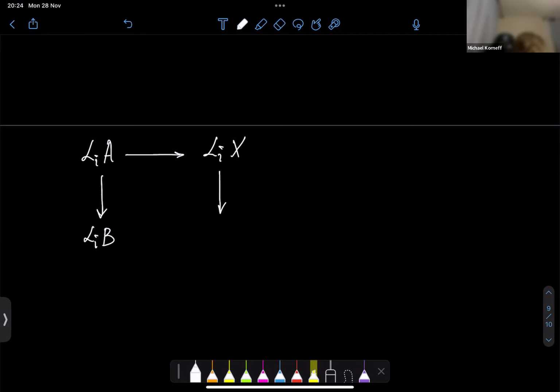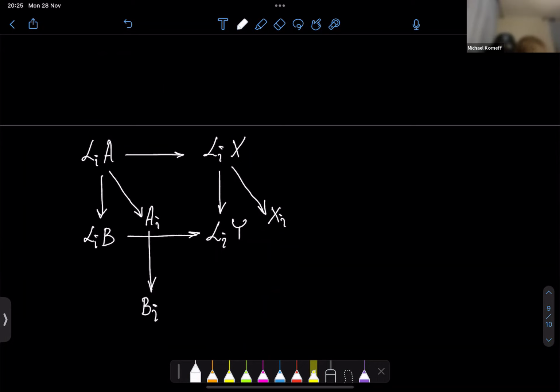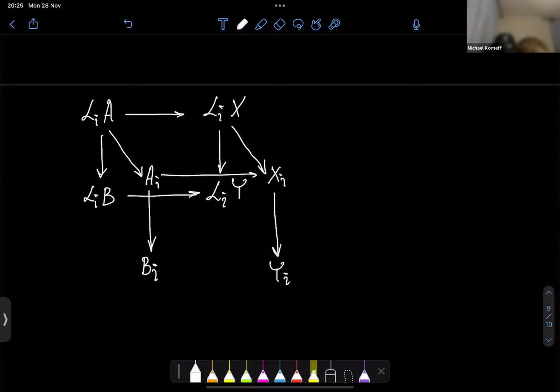We can apply the functor L to the original diagram, and after that, we use the natural transformations. And hence we have the following cubical diagram.